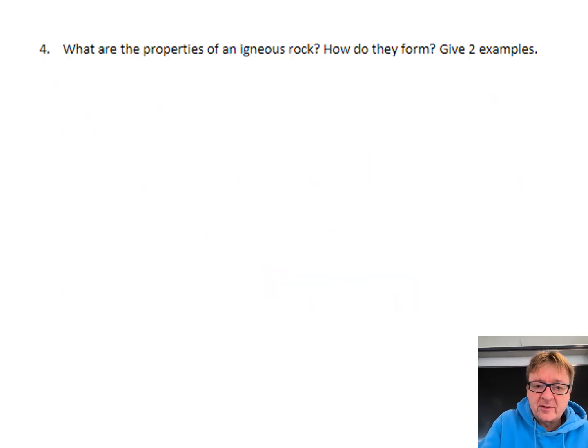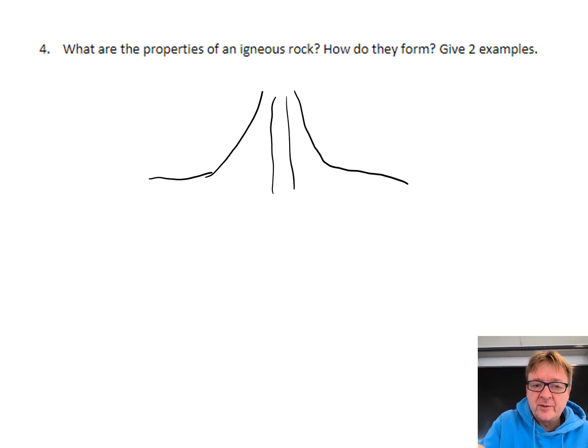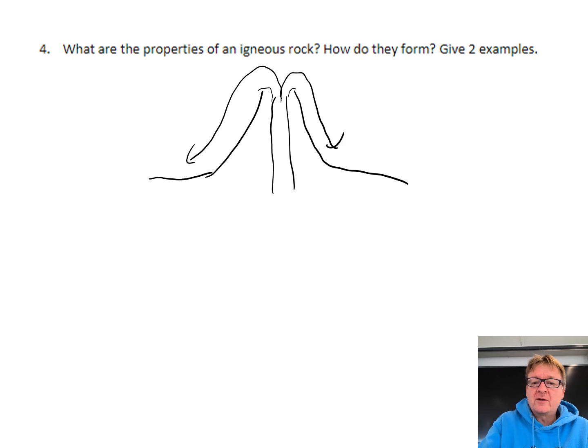Okay, igneous rock. So what I've got here is my volcano. There's my volcano, and you've got your tube up the middle where all the lava comes out. Igneous rock is the stuff that's come out, and there are the rocks that are formed here, which is then the igneous rock. It's the lava that has come out and then cooled down.